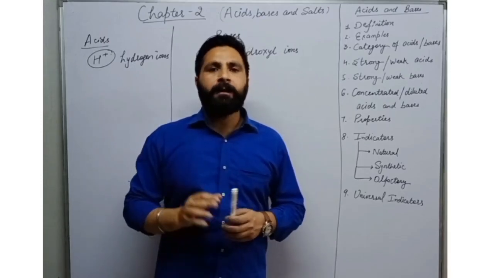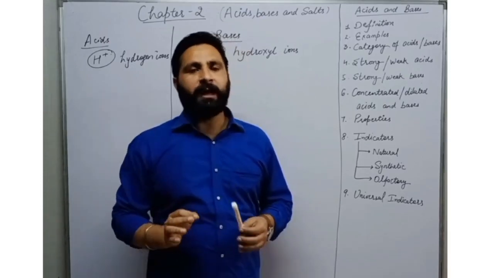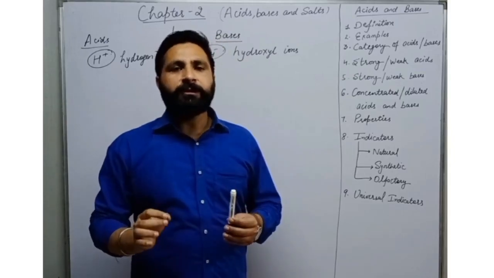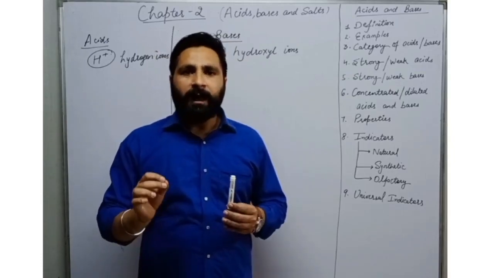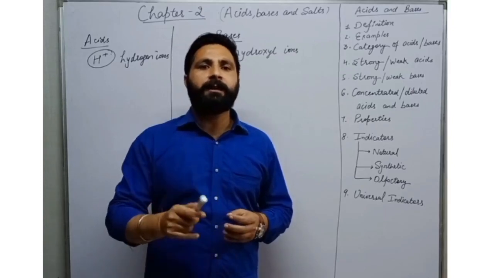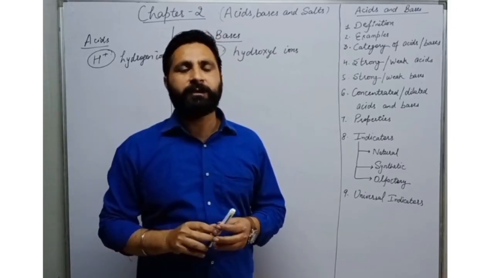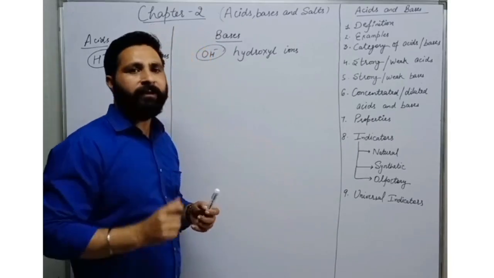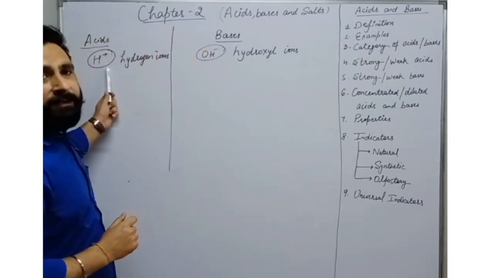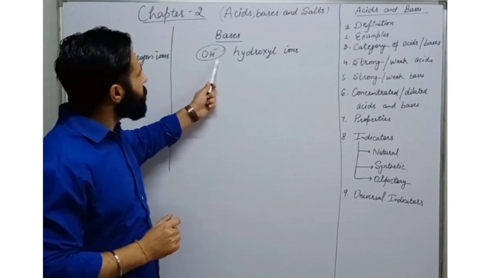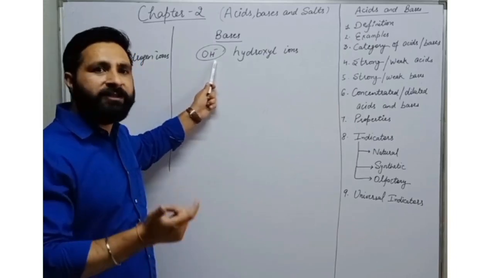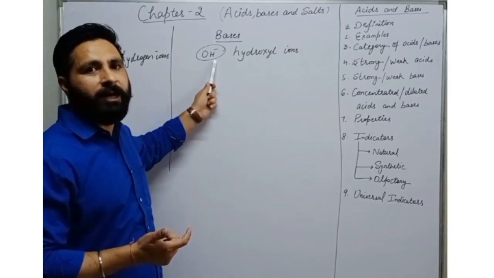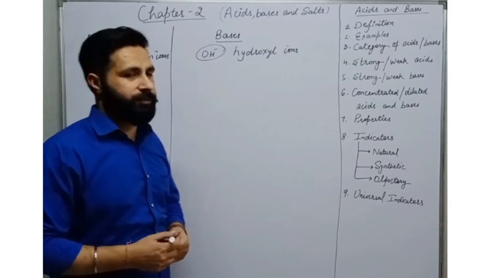Again I am repeating, acids are those chemicals which release H plus ions in their aqueous solution, means in their water solution. And just a single word difference, as they are releasing H plus ions, those compounds which release OH negative ions in their aqueous solution are called bases.